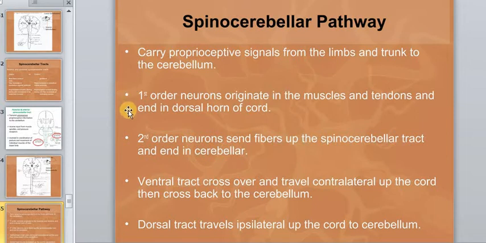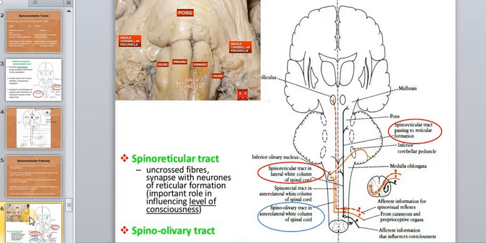First order neurons originate in the muscles and tendons and end in the dorsal horn of the cord. The second order neurons send fibers up the spinocerebellar tract and into the cerebellum. The ventral tract crosses over and travels contralaterally up the cord, then crosses back to the cerebellum. The dorsal tract travels ipsilaterally up the cord to the cerebellum. So with a change of position.